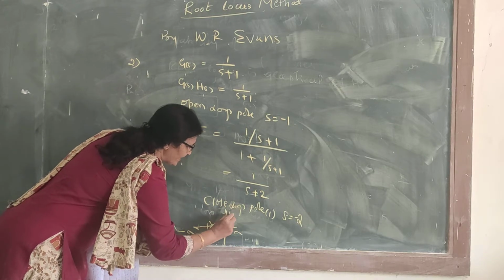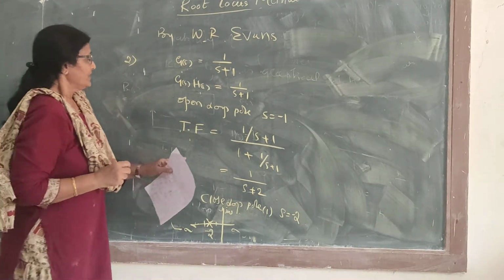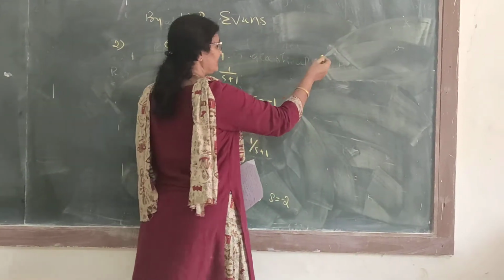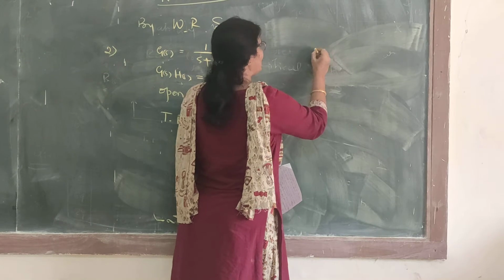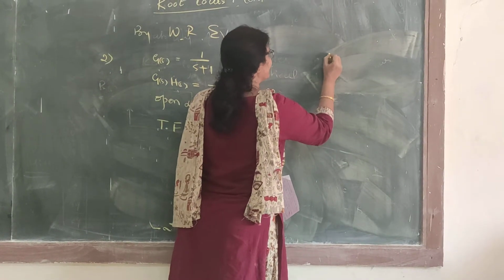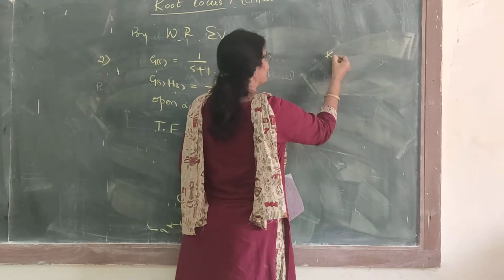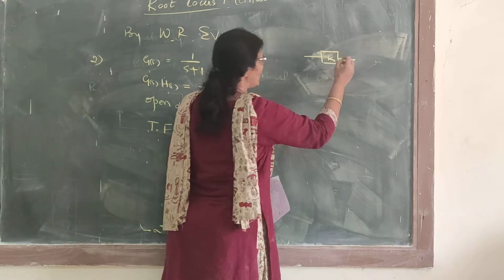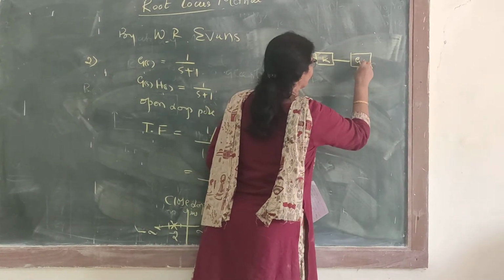No imaginary part. Now I am going to change the parameter. That is, I am going to include some constant k in series with G(s). I am including one box in series with G(s).